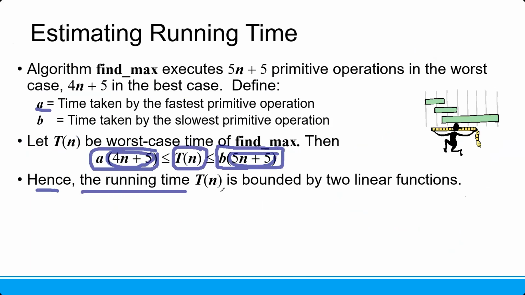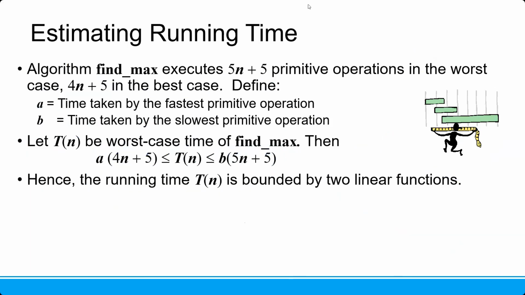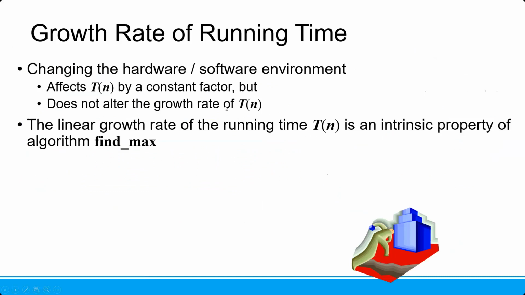Hence, the running time Tn is bounded by two linear functions. So this is linear and this is linear. Therefore, we can say that Tn is also a linear function. Then how do we see the growth rate?